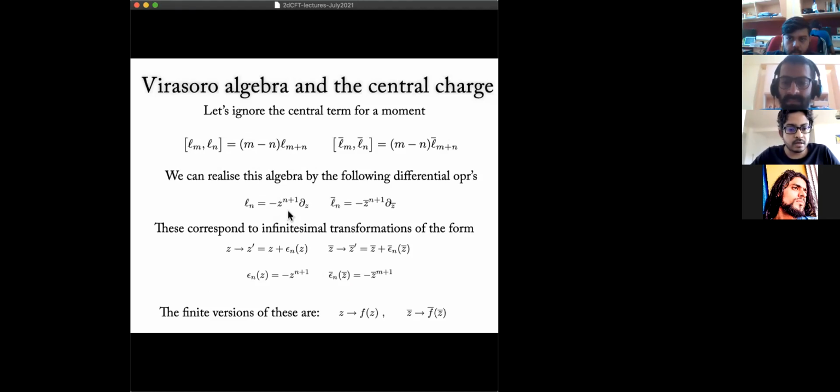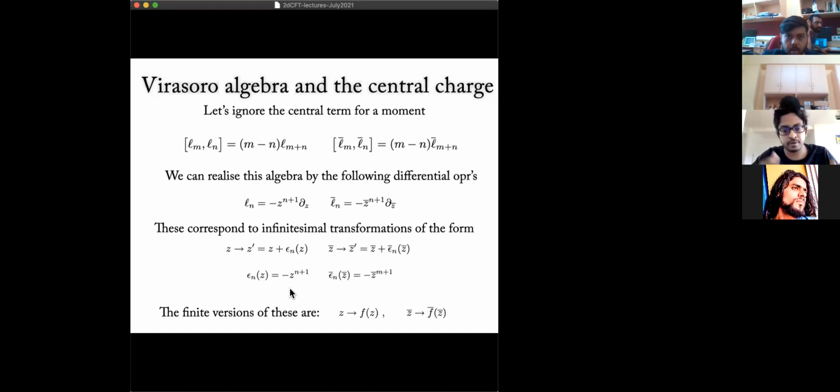Okay, and these actually correspond to infinitesimal transformations of the form z goes to z plus epsilon_n(z), where epsilon_n(z) is given by this. You can exponentiate these generators, and it gives nothing but a Taylor expansion.